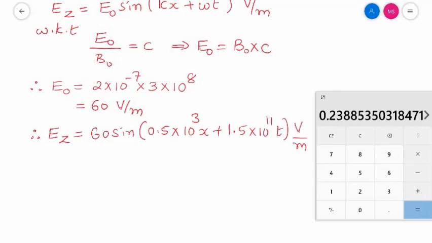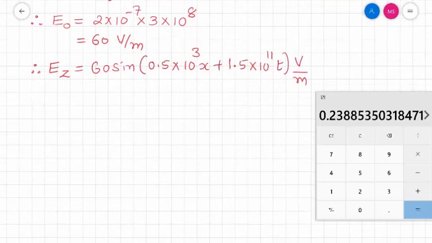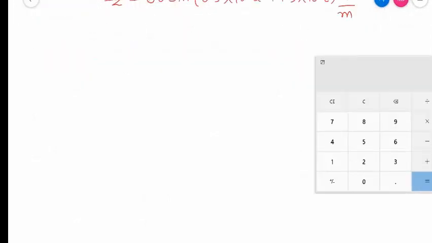Now let us prove why we have taken electric field along the z-axis. In this example, the equation of magnetic field is given as B of y equal to 2 into 10 raised to minus 7 sine (0.5 into 10 raised to 3 x plus 1.5 into 10 raised to 11 t) Tesla.